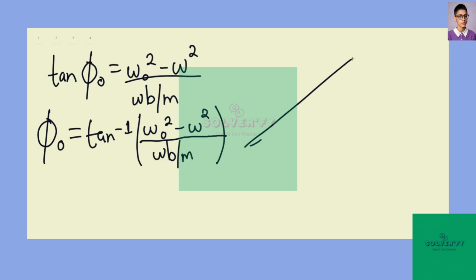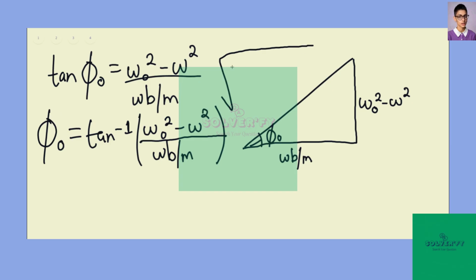So the solution can be seen in this triangle. We have our phi here, and here would be omega b over m. Here it would be omega naught squared minus omega squared, and then here would be the square root of omega naught squared minus omega squared, quantity squared, plus omega squared b squared over m squared.